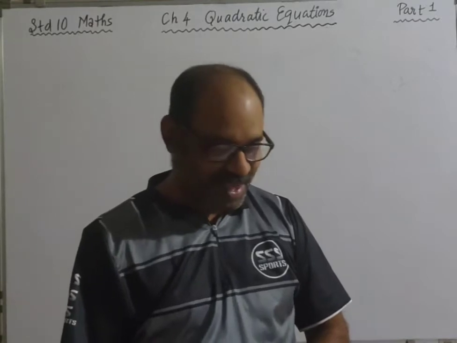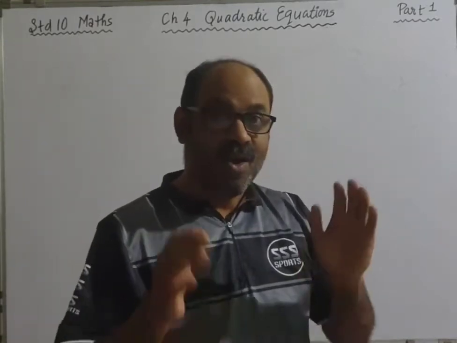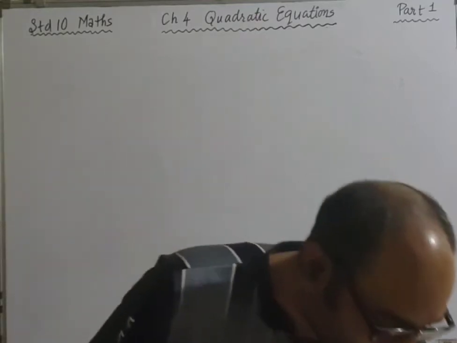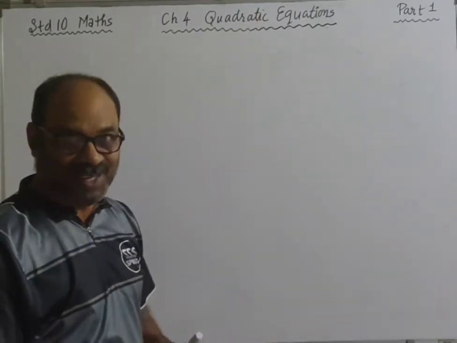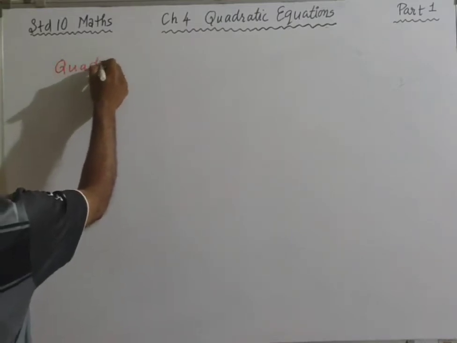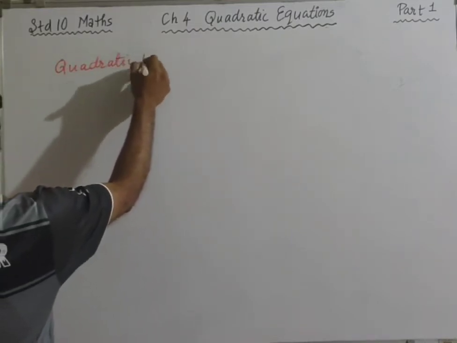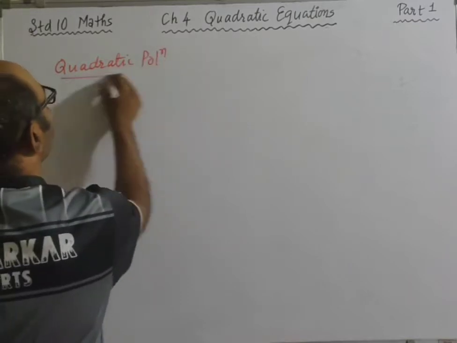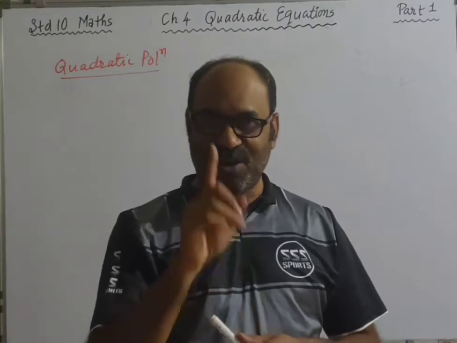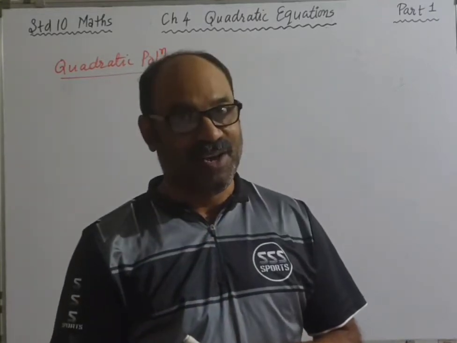All right children, now what is a quadratic equation? We have learnt about quadratic polynomial. Different types of polynomial: a polynomial with degree 0 is called constant polynomial. A polynomial with degree 1 is called linear polynomial.